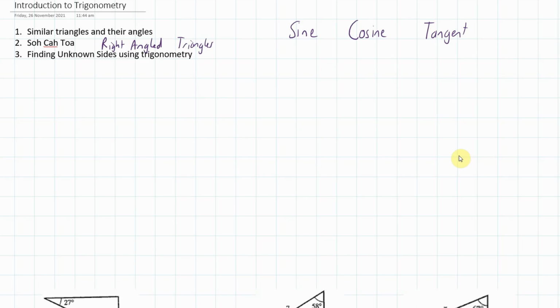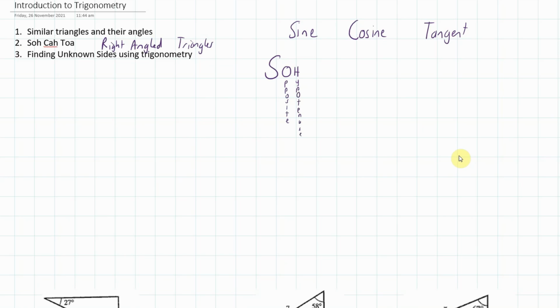Now, sine. We use the S here. We say sine is SOH. And we have O and H, which stands for opposite and hypotenuse.